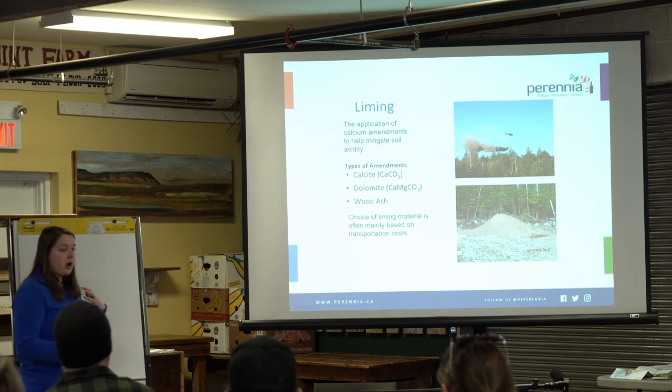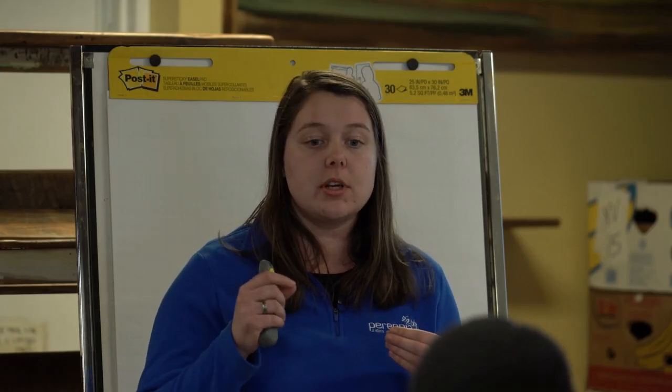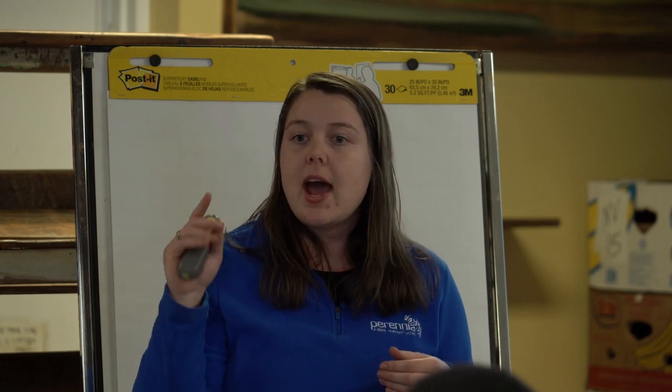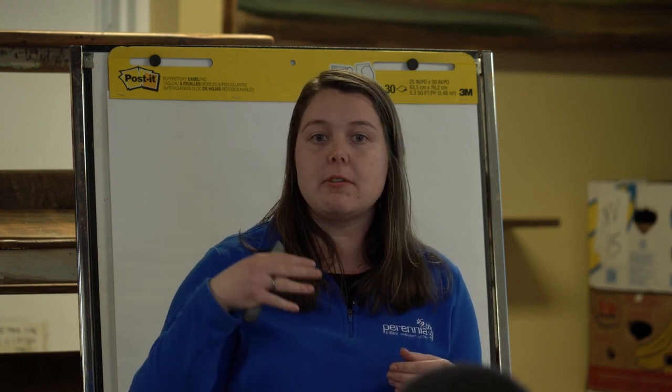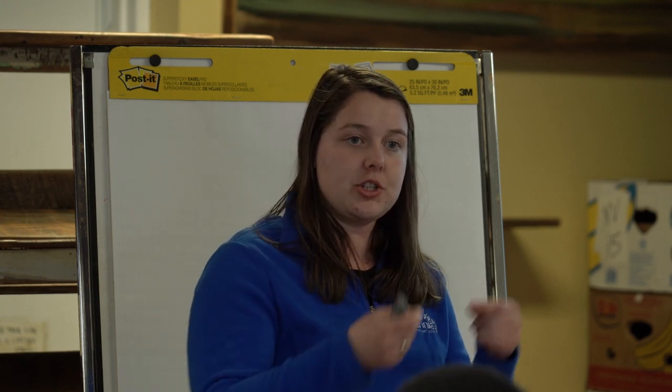So when you are looking at your liming material, on your soil test report they typically will have a lime recommendation at the bottom there, the LR, and that's telling you the amount of calcium carbonate needed to adjust your soil pH to 6.5.